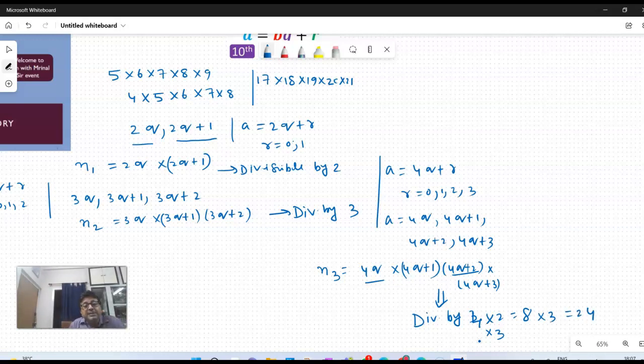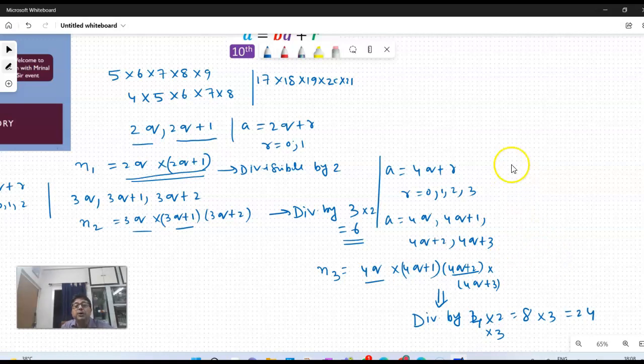And when you say the product of 3 consecutive integers is divisible by 3, it is divisible by 3 into 2 also. Because among 2 consecutive integers, one of them has to be divisible by 2. Or you take these two numbers, one of them has to be divisible by 2. So their product has to be divisible by 6. So the product will be divisible by 6 if it is a product of 3 consecutive integers. It will be divisible by 2 if it is a product of 2 consecutive integers. It will be divisible by 24 if it is a product of 4 consecutive integers.